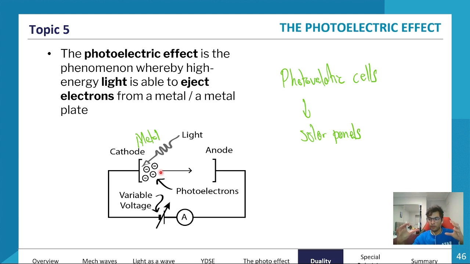It's called a cathode ray tube. When the light hits the metal, the electrons get displaced, and the electrons are going to travel to the anode, and it's going to create a circuit. So electrons go here, come here, and we have the circuit being created.